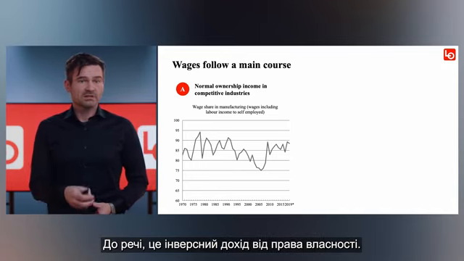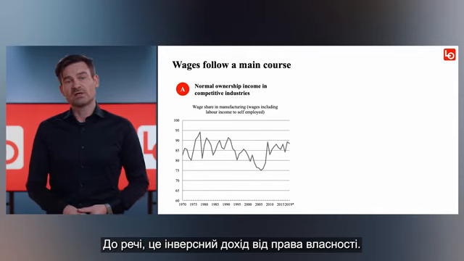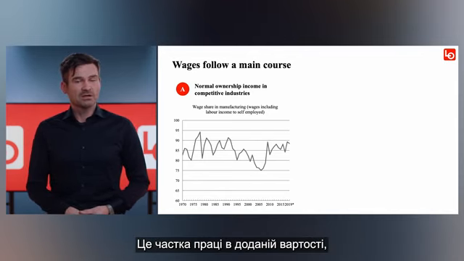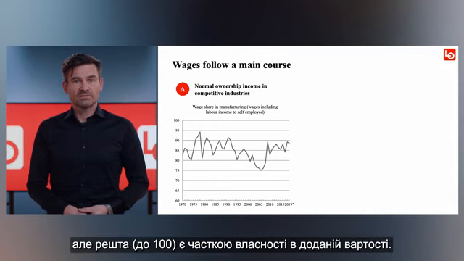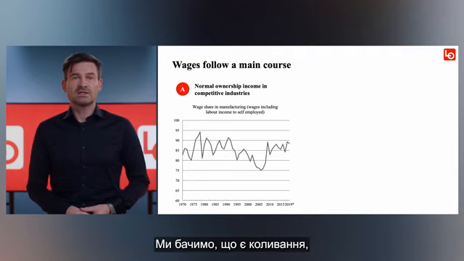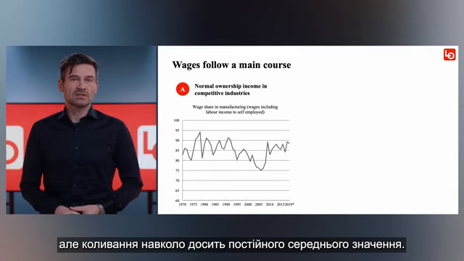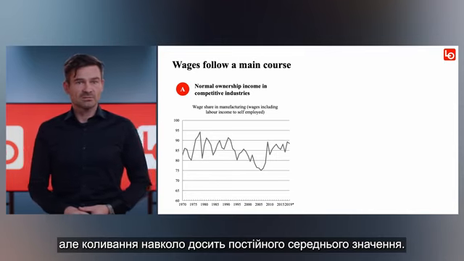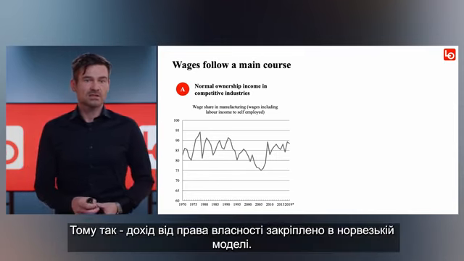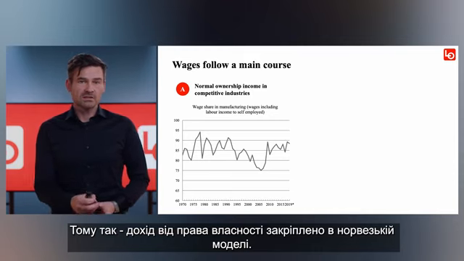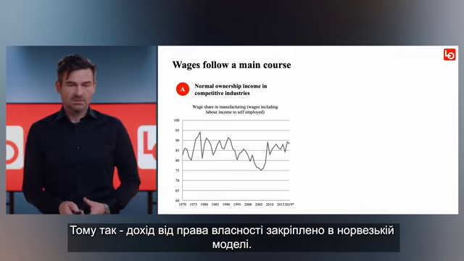And by the way, the inverse of ownership income is the labor share of value added, and the rest up until 100 is the ownership share of value added. We can see that there are fluctuations, but they are around a pretty constant mean. So yes, ownership income is secured in the Norwegian model.